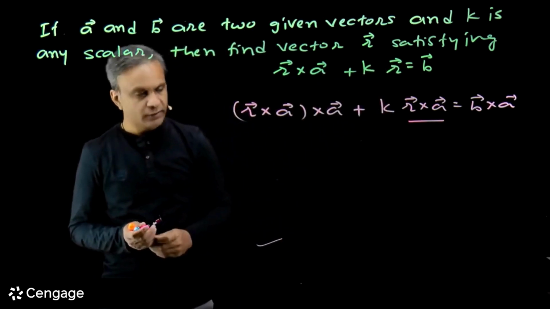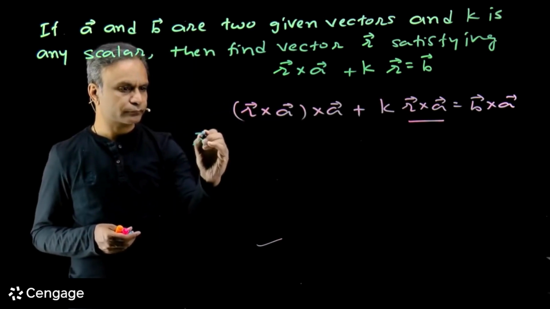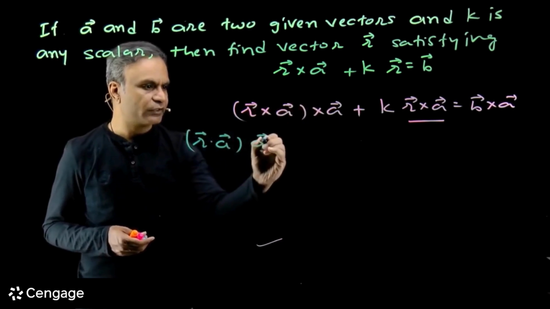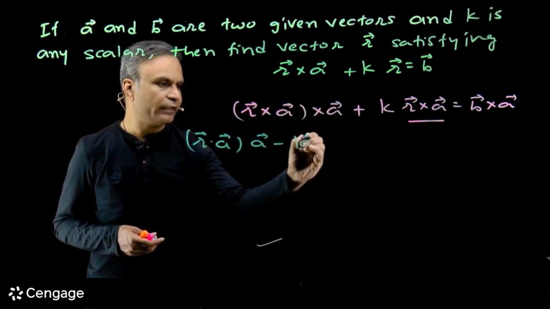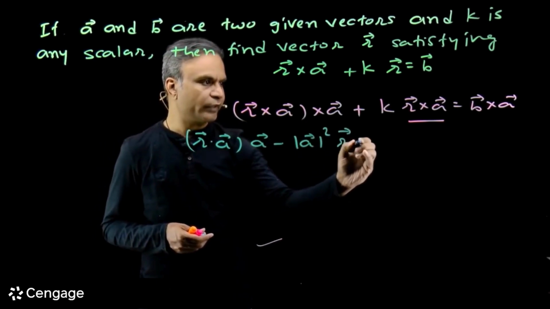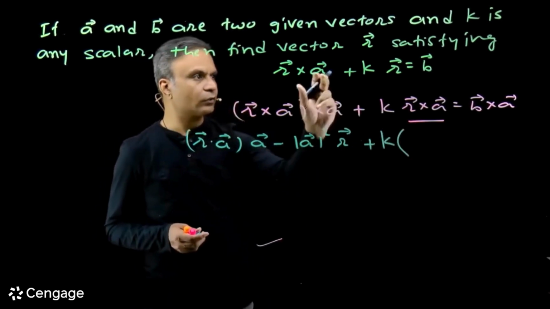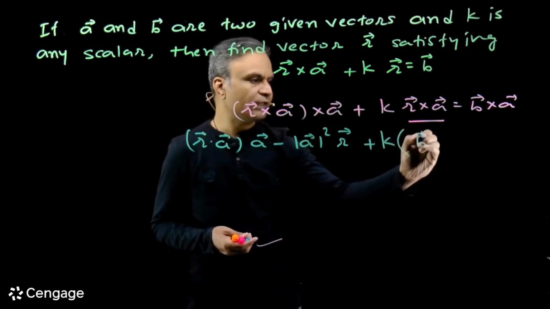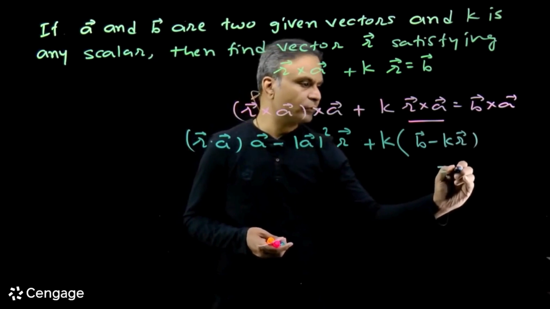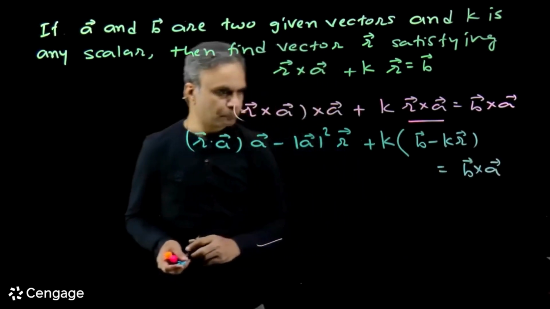So the equation will be: r dot a times a minus a dot a, which is square of modulus of a, this into vector r, plus k multiplied by r cross a is b minus k times vector r. Okay, this is equal to b cross a.